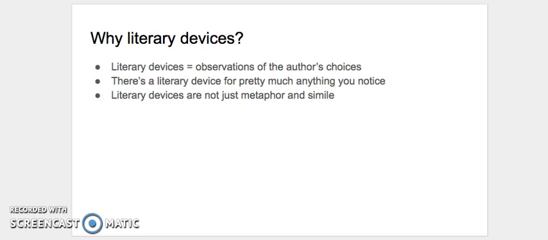Literary devices extend beyond what you've probably been told they are in your earlier years. They're not just metaphors, similes, onomatopoeia. There are literary devices that describe very basic things that can help you formally argue a very high-level literary argument.